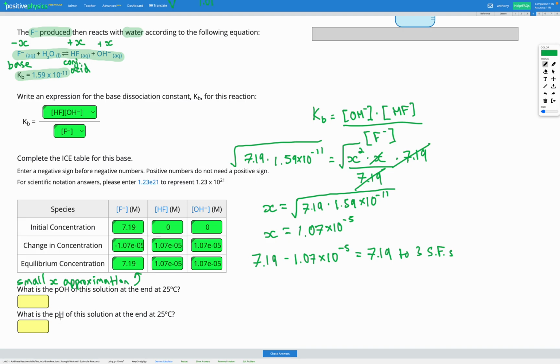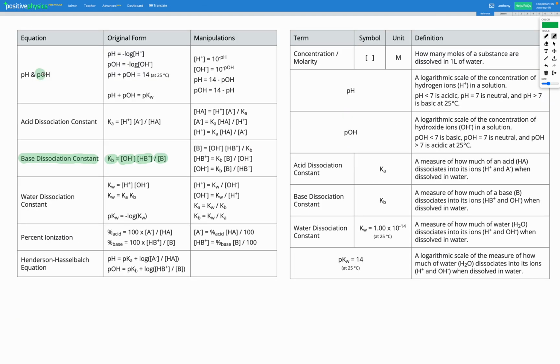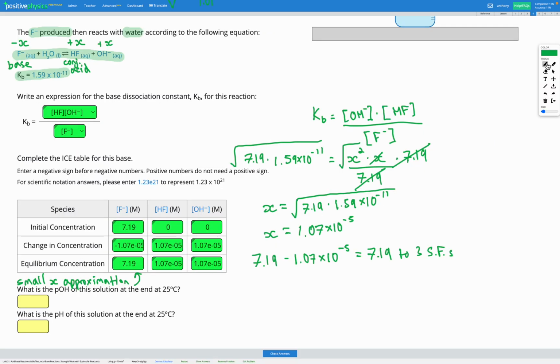Finally, we need to find the pH of our solution. We know the concentration of hydroxide ions at equilibrium, so we can use that to figure out the pOH. Here's our equation for pOH. It's pOH is equal to -log the concentration of OH minus ions.